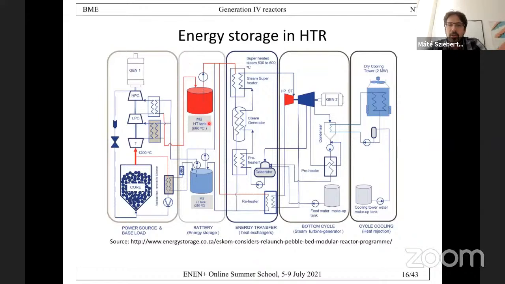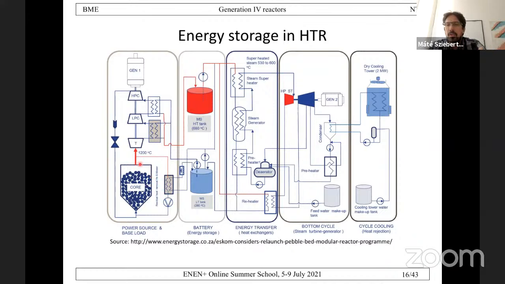And then you can store it here and use another energy conversion cycle to use the heat stored here whenever you wish to produce energy. It means that without modifying the nuclear power in the core, your reactor system, complete power plant, can be very flexible and load follower.